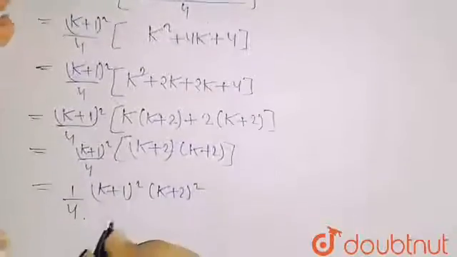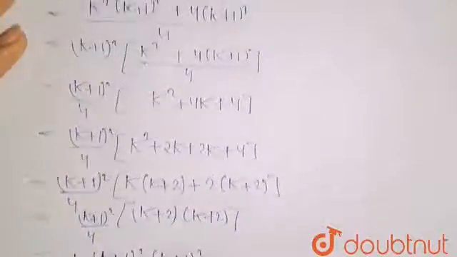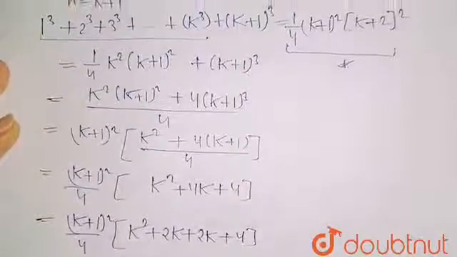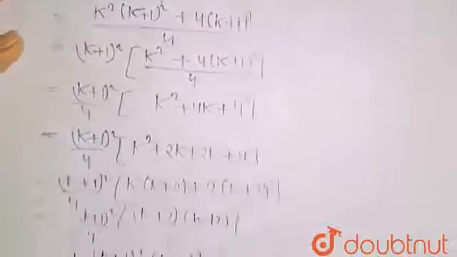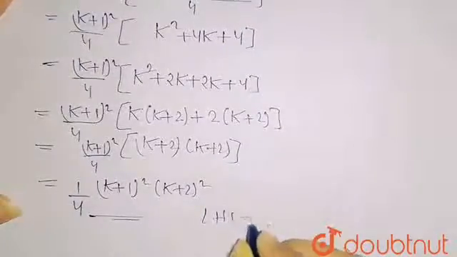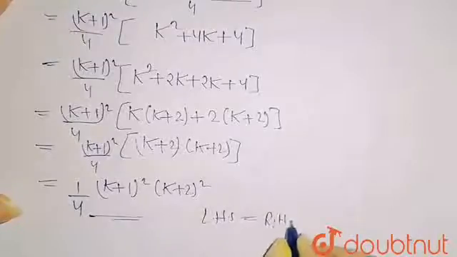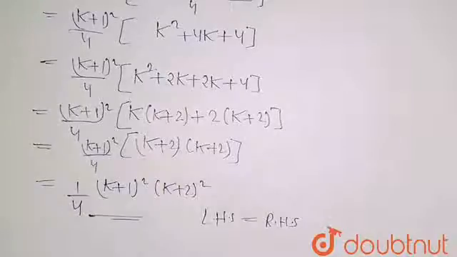So my LHS is equal to this term, and my RHS is 1 by 4 (k plus 1) (k plus 2) whole square, the same term. It means that my LHS is equal to RHS. So this statement is true for n equals k plus 1 also.